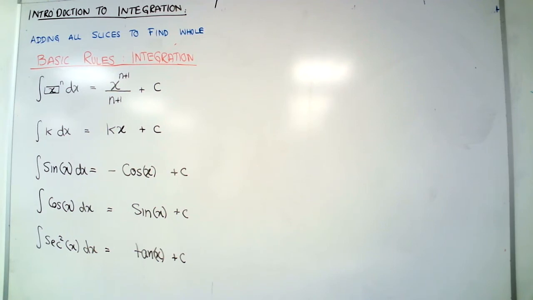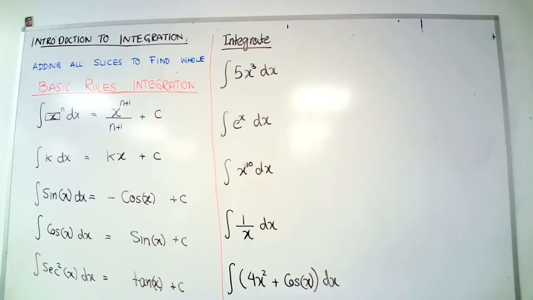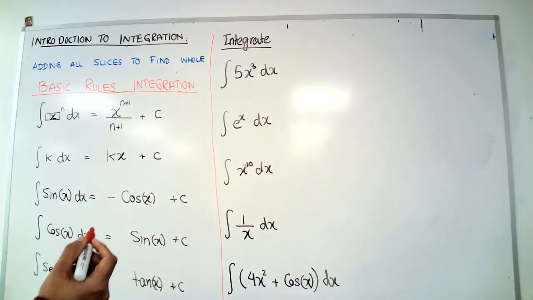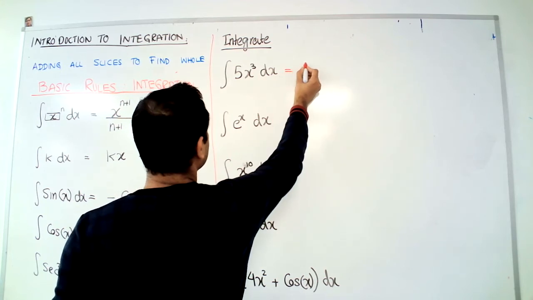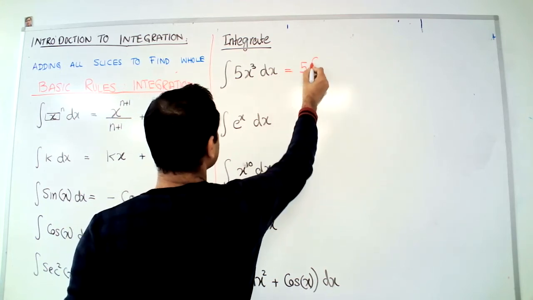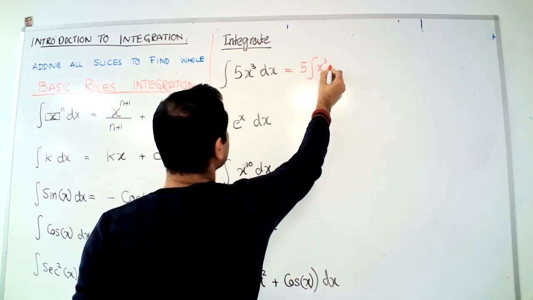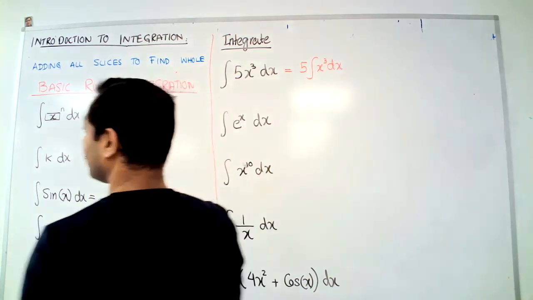The main one is the first one, it is the main rule. Okay, let's have a look at the first one. Integration of 5x cubed. The 5 comes out, and you just need to integrate the x cubed dx.